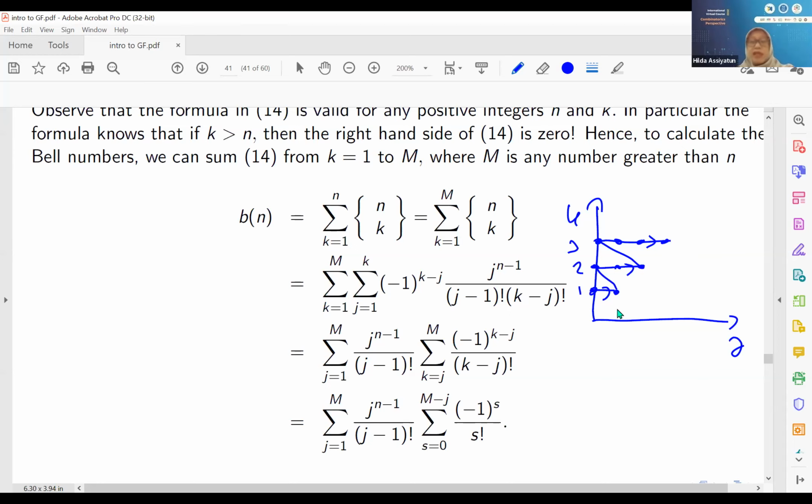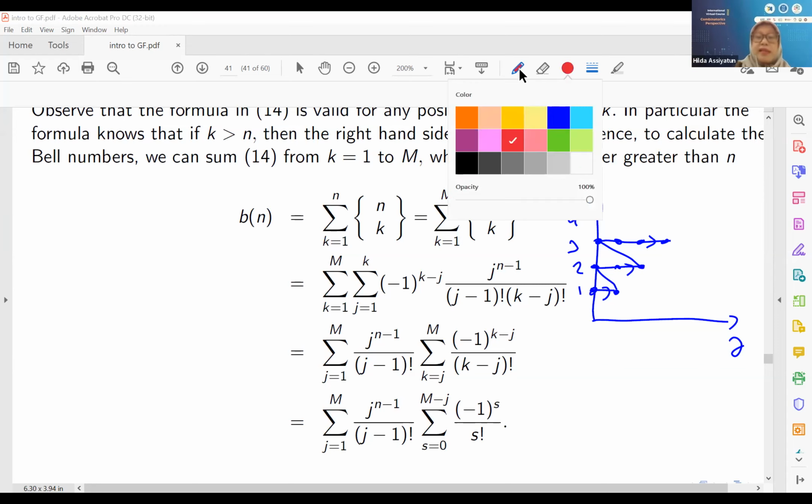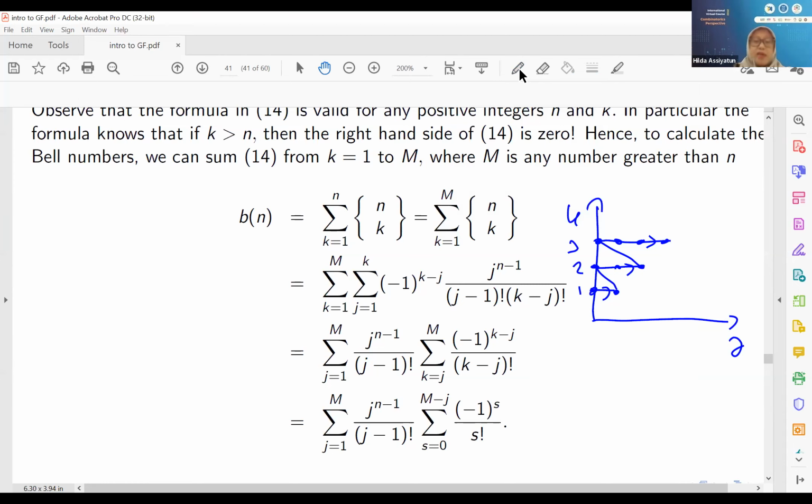So we can do it in a different way by starting from here. I use a different color, the same vertices. We start here with j equals 1, going up until m.